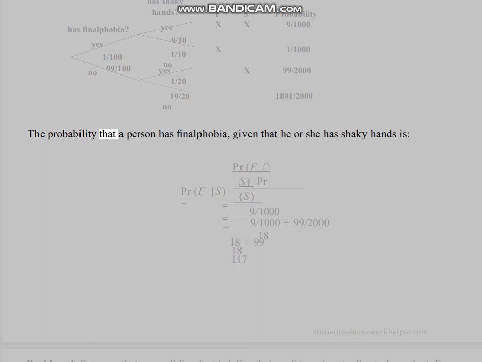The probability that a person has phinophobia, given that he or she has shaky hands, is Pr[F intersect S] over Pr[S], which equals 9/1000 divided by 9/1000 plus 99/2000, which equals 18 over 18 plus 99, which is 18/117.